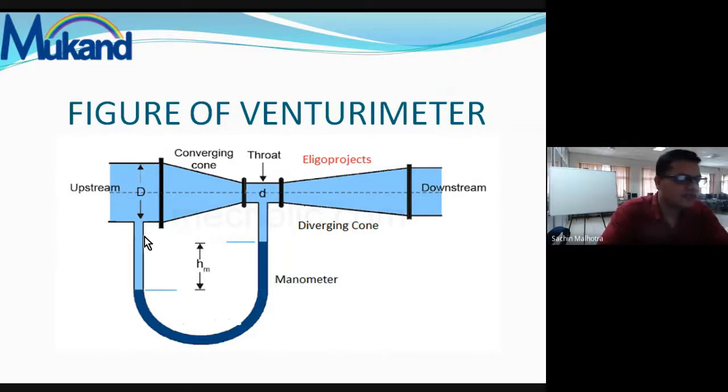To find the pressure difference between the inlet and outlet, the inlet is section 1 and section 2 is taken at the throat. For measuring the pressure difference between section 1 and section 2, we have placed a U-tube differential manometer containing a heavy liquid like mercury. The difference in mercury level is denoted by H.